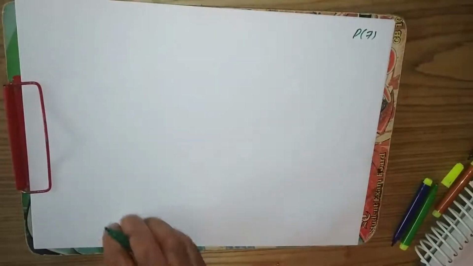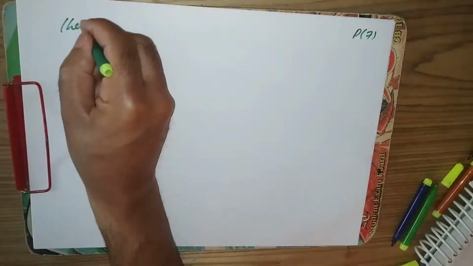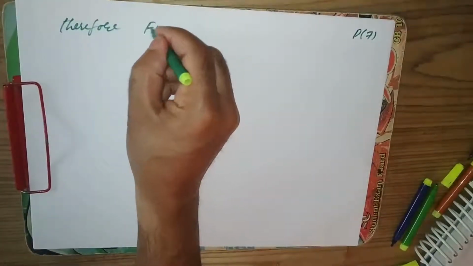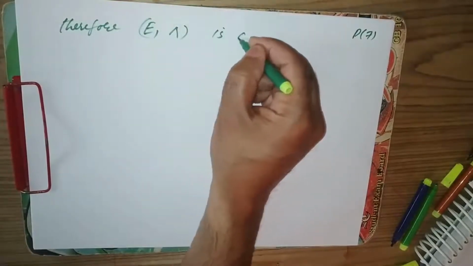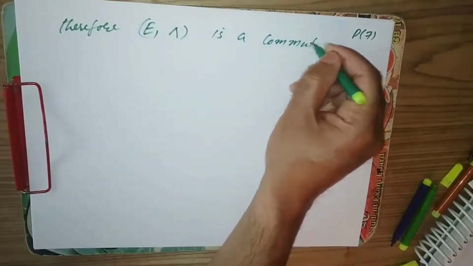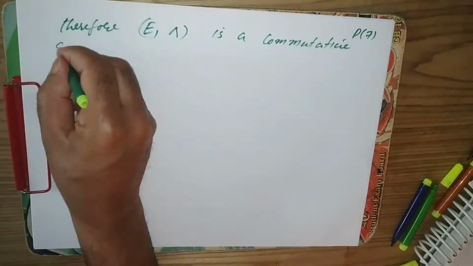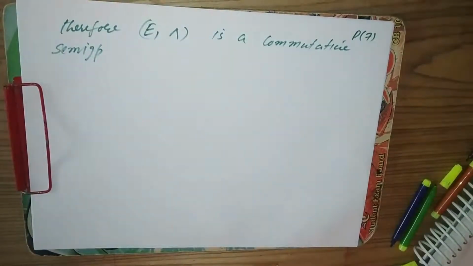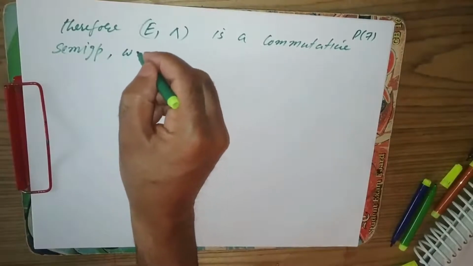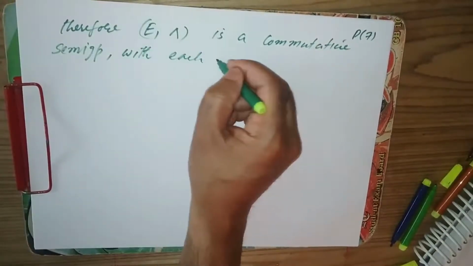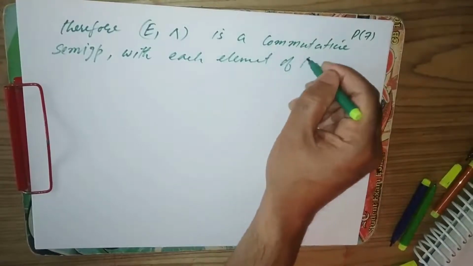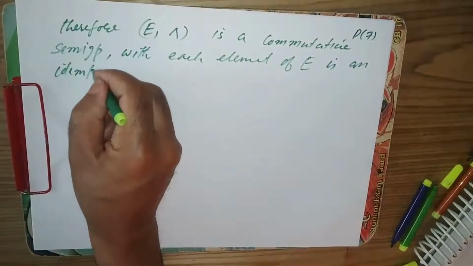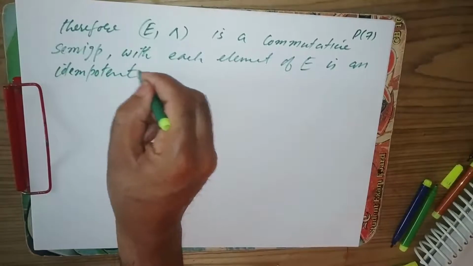Therefore, E with this binary operation is a commutative semigroup, with each element of E idempotent.